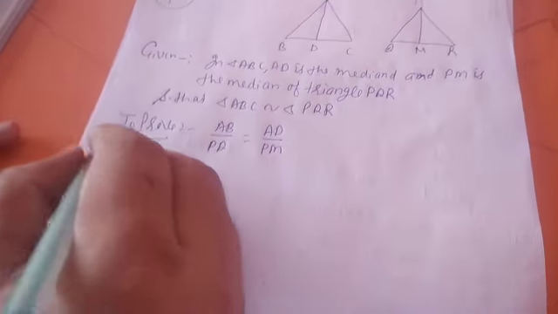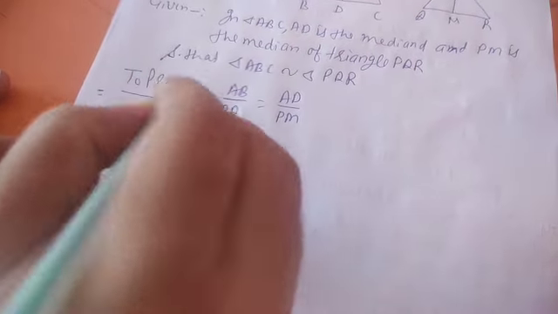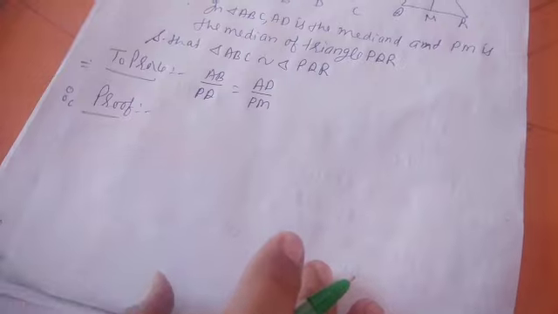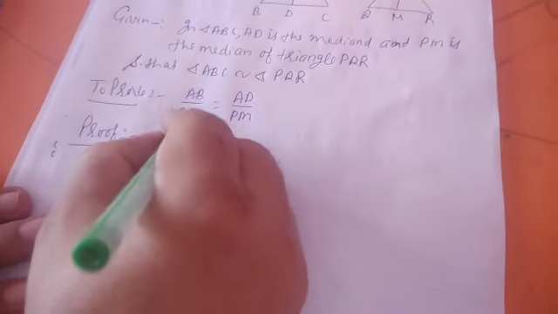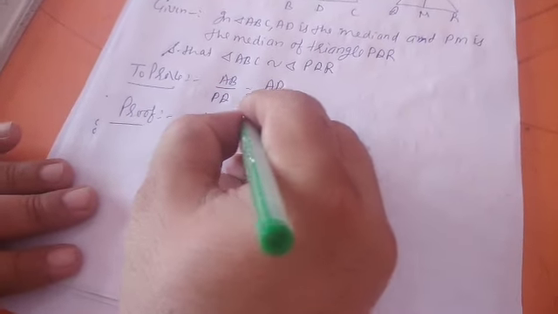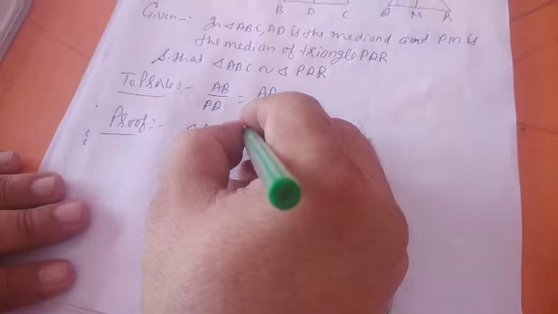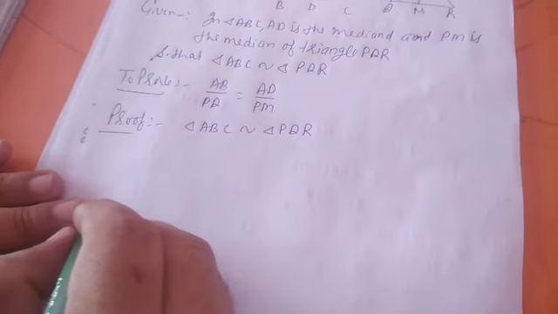Question number 14. Now proof. Now watch the proof of it. Triangle ABC is similar to triangle PQR.